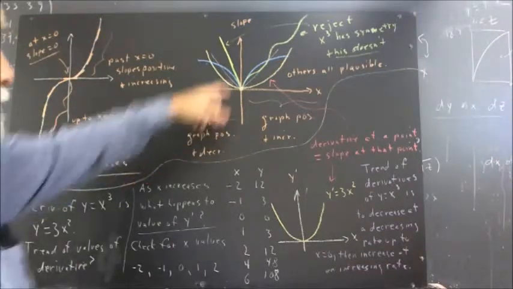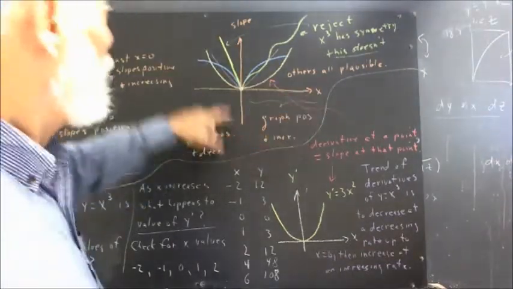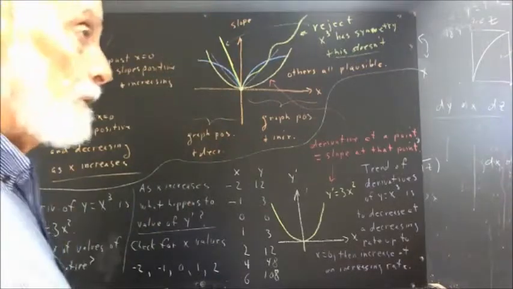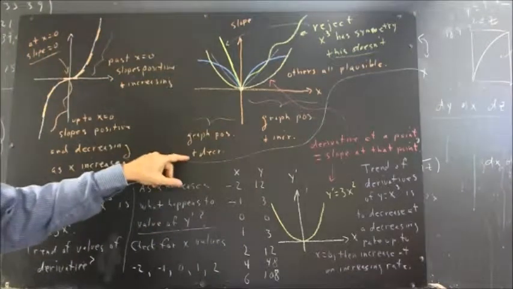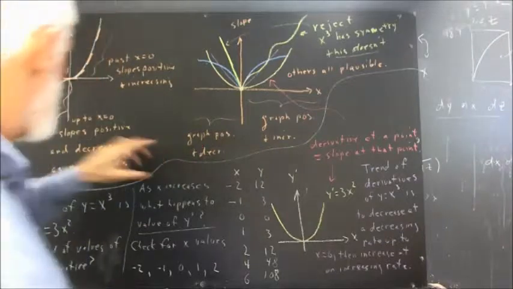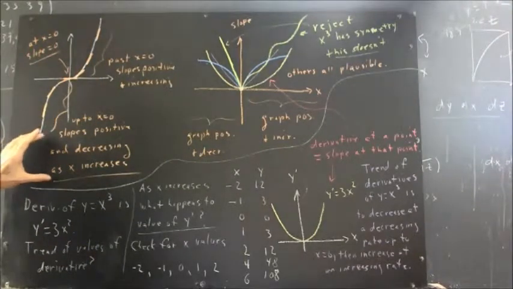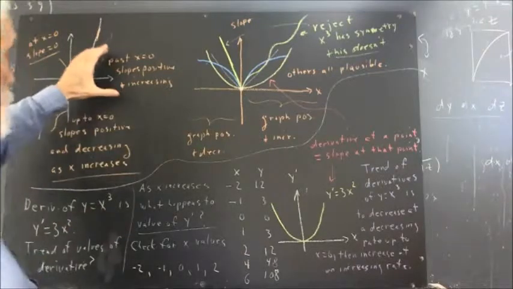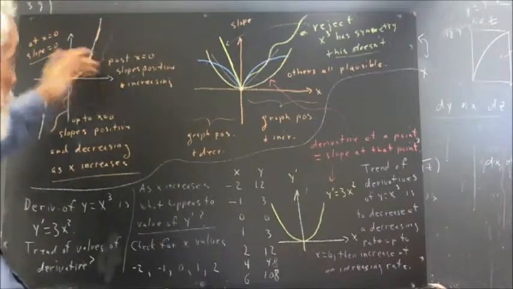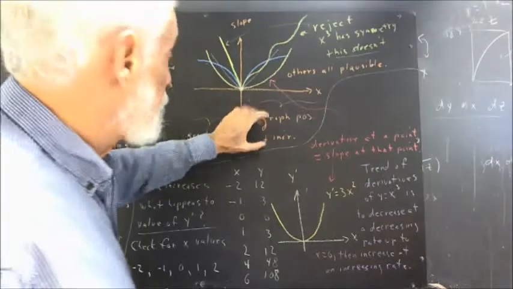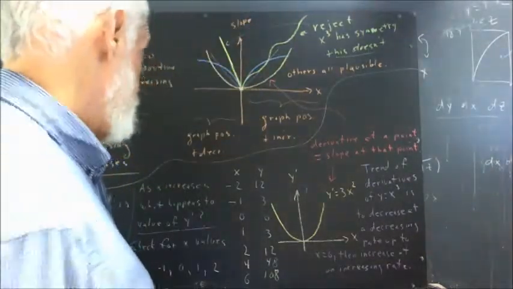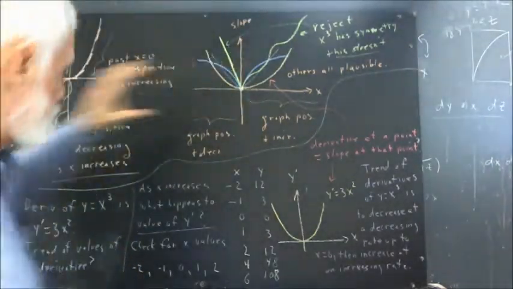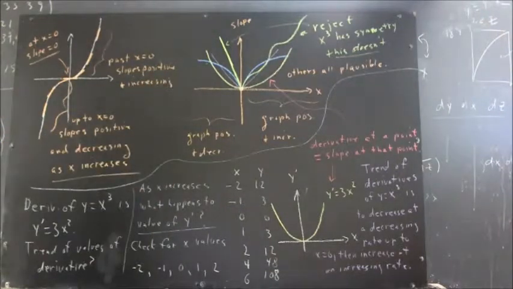Well then, if we're going to graph the slope versus x, then the y values are going to be positive and decreasing here, just as the slopes are positive and decreasing here, because the y values are now the slopes. And since the slopes here are positive and increasing, the values of the graph will be positive and increasing. So, we need to understand those relationships.